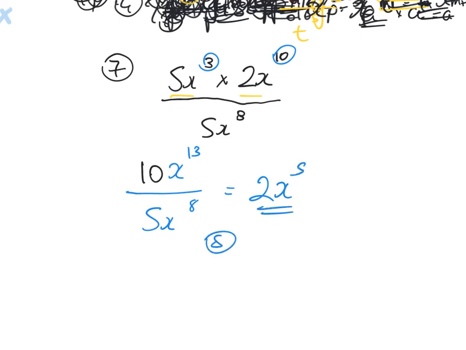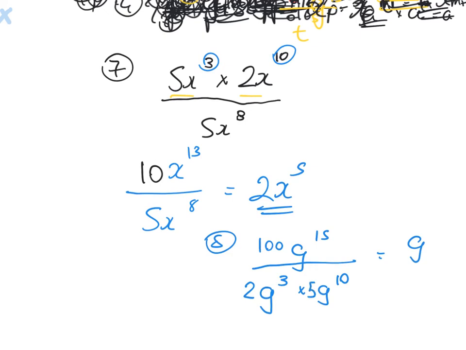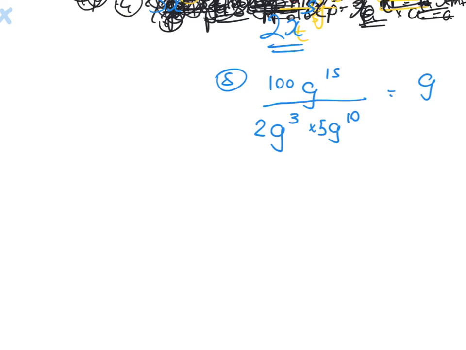Example 8, g to the 15 divided by g cubed times g to the 10. Let's put some numbers in front of that actually. Let's make it 100g to the 15 divided by 2g cubed times 5g to the 10. Let's take care of the bottom bit first of all.